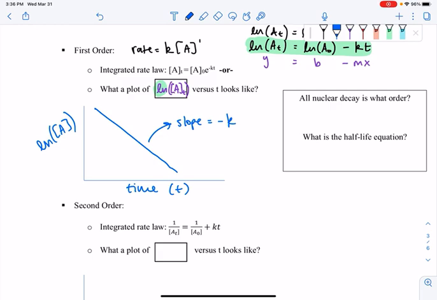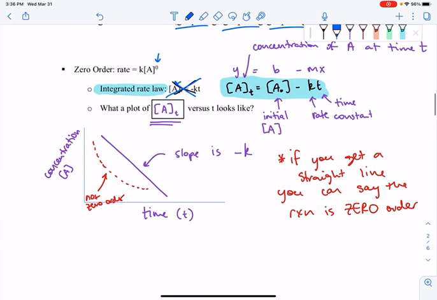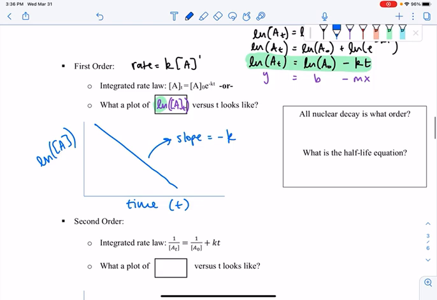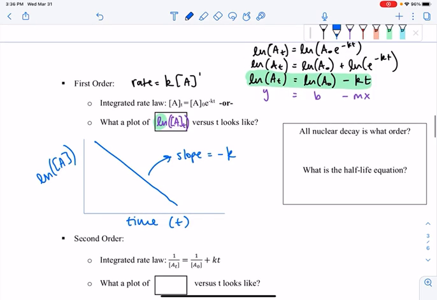As a similar deal up here, if you have some concentrations of A, and you take the natural log of them, and then you plot that versus time, and when you do that you get a straight line, then you can say that it is a first order reaction.